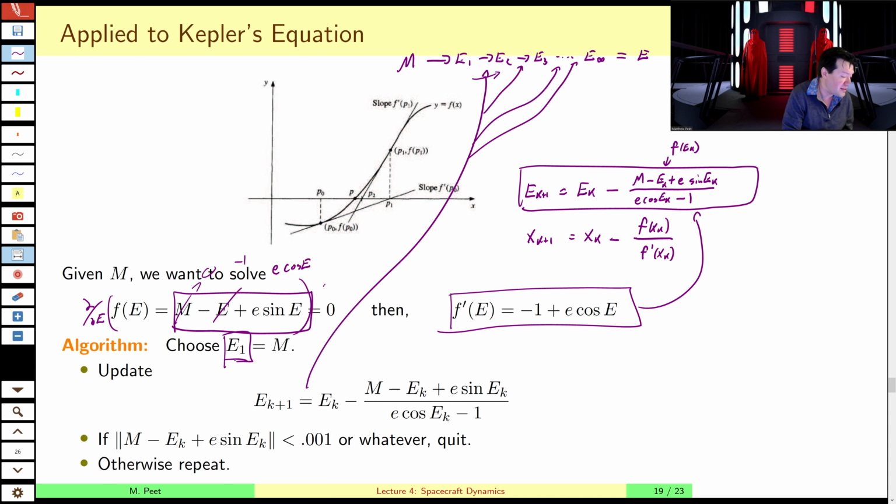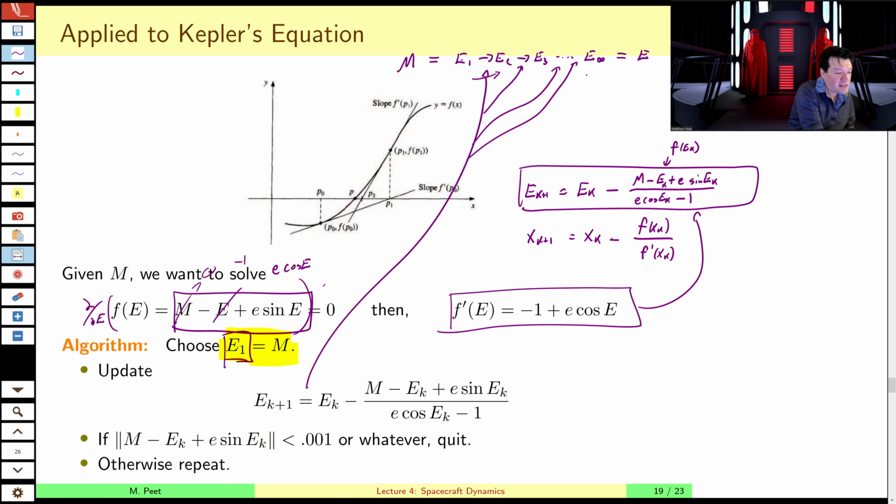We don't really have anything better. We could use the first iteration, but hey, that's just the first iteration. So we might as well, because we don't have anything better, just choose the mean anomaly to be our first guess in this iterative process. So our first guess is usually just the mean anomaly itself.